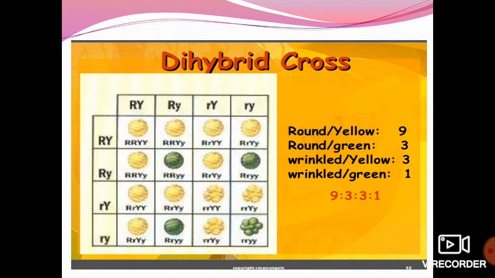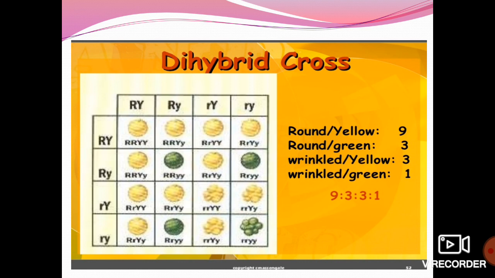As in the case of the monohybrid cross, where all the offspring were tall but the dwarf gene was hidden, so also in this case, when round yellow parents were crossed with green wrinkled parents, all the offspring were round yellow, proving that round and yellow were dominant characters to green and wrinkled.